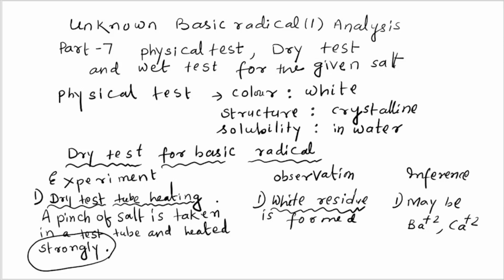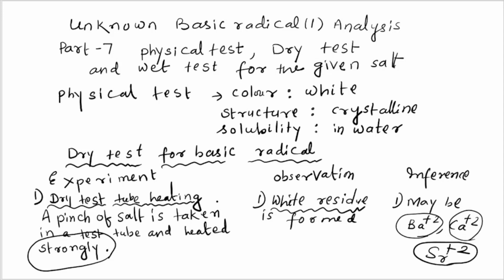White residue means one chance may be Ba+2 and Ca+2. When you heat the salt strongly and a white residue forms, it may be Ba+2, Ca+2 and also Sr+2. But Ba+2 and Sr+2 are very important from the examination point of view.